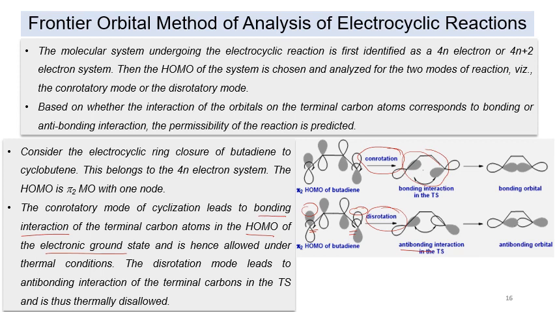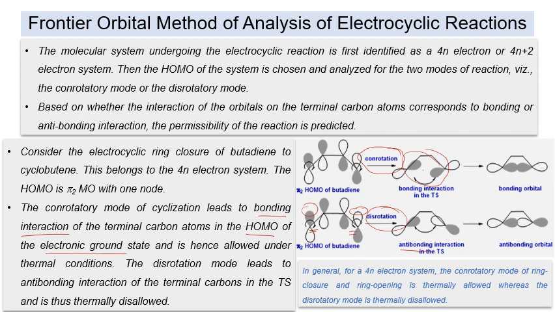Therefore, the disrotatory mode of ring closure for a 4n system will be thermally disallowed. So in general, for a 4n electron system, the conrotatory mode of ring closure and ring opening is thermally allowed, whereas the disrotatory mode is thermally disallowed.